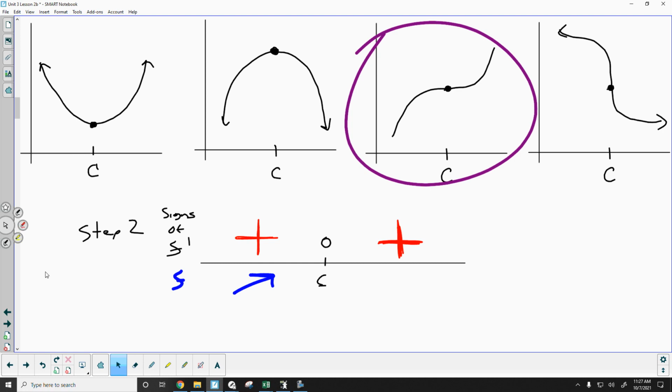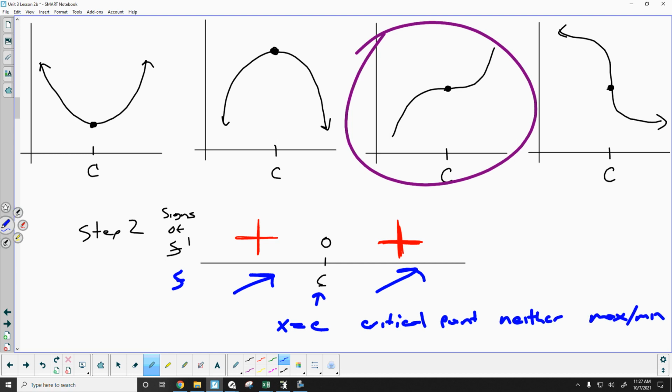Because I'm going to be going up, flattening out, and going up. Now, x equals c is still a critical point, but it is a situation where we don't have a max or a min. But through an analysis of the signs of the derivative, we can now say, yeah, c, cool, still a critical point, but neither a max nor a min.